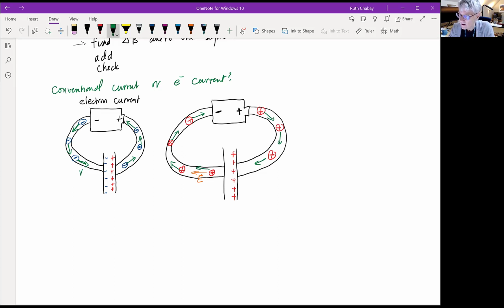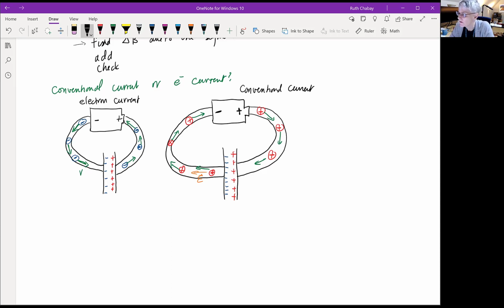And again, that would leave a deficiency of positive charges here. And it turns out the capacitor would charge exactly the same way. We can't see a difference.